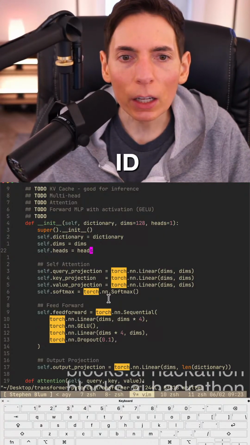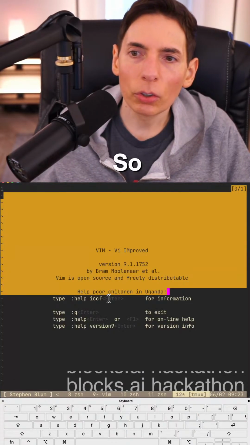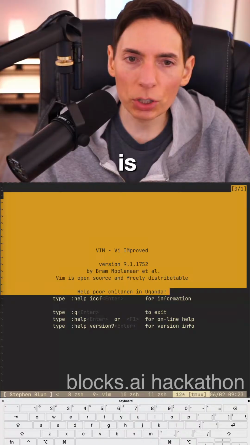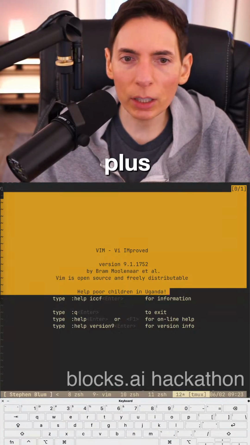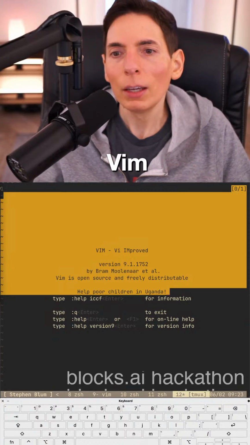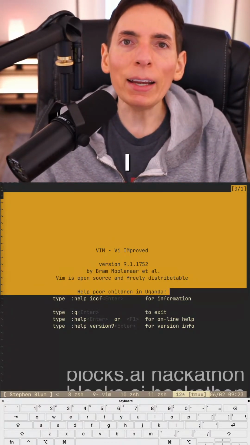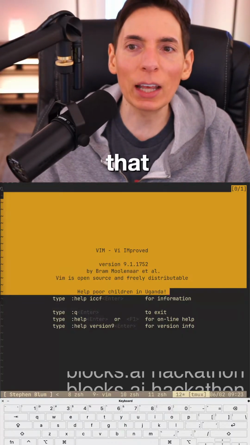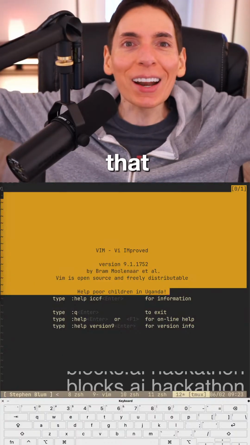Also, Stephen, which IDE do you use? Good question. This is Vim. So I use Vim here, and the answer totally, if you're going to get the full answer, is Ghostty plus tmux plus Vim. And this is not NeoVim. This is just regular Vim. I find that NeoVim has a lot of fantastic plugins that I never use. They're wonderful plugins that I never use.